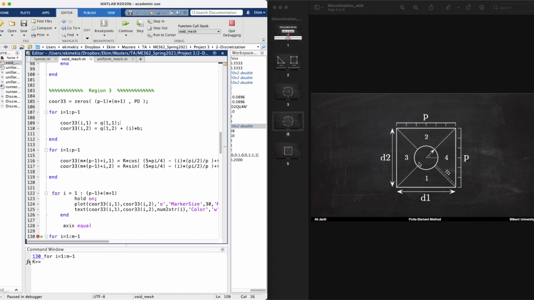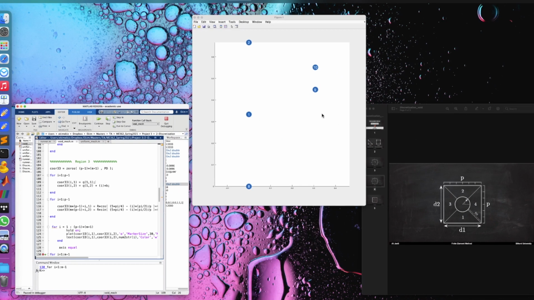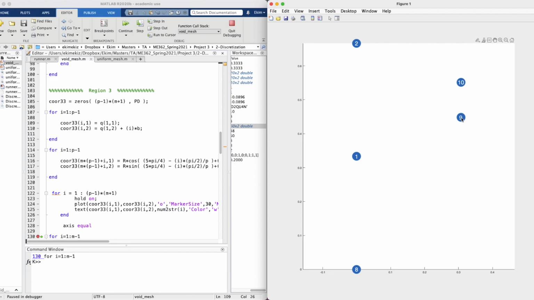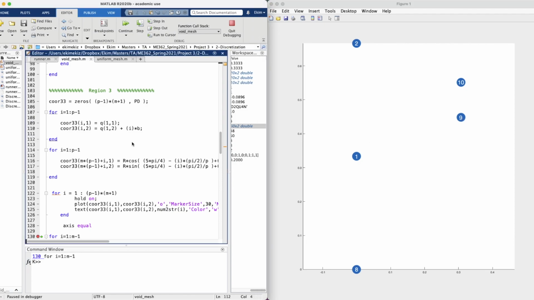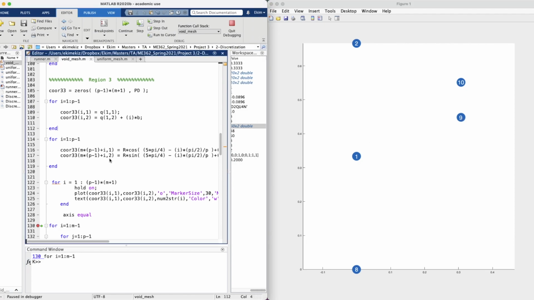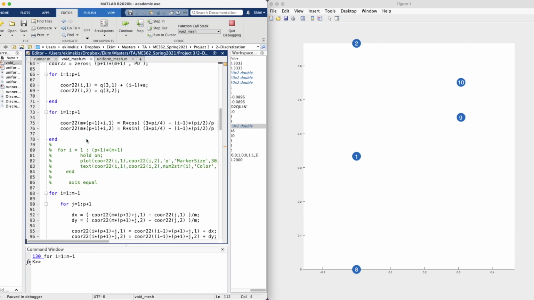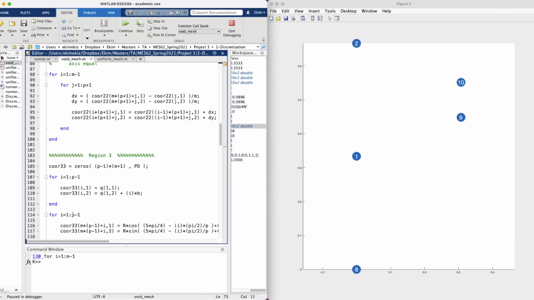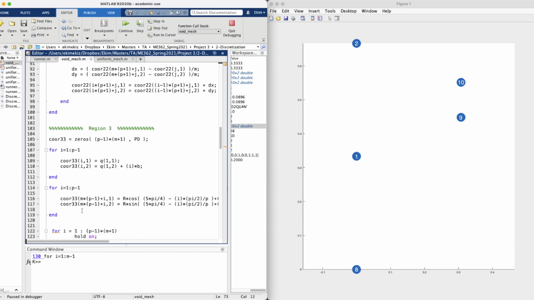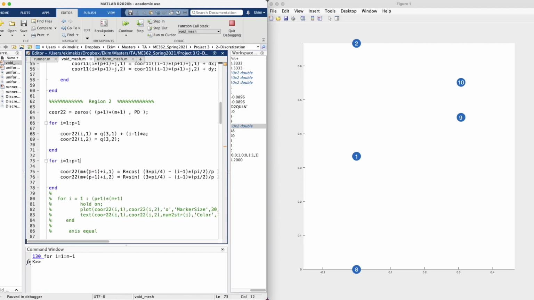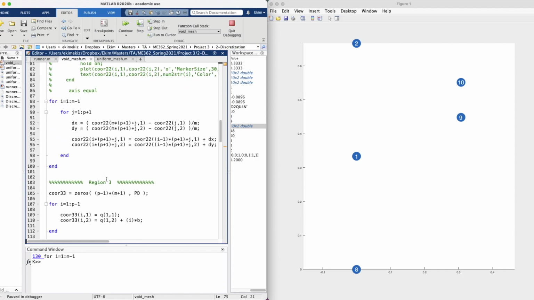And then we move on to the calculation of the nodes along this line. So these two. You will see that now, again, if we compare it with our previous loops, instead of p plus 1, it's up until p minus 1, and then this here, it was m times p plus 1 times i.